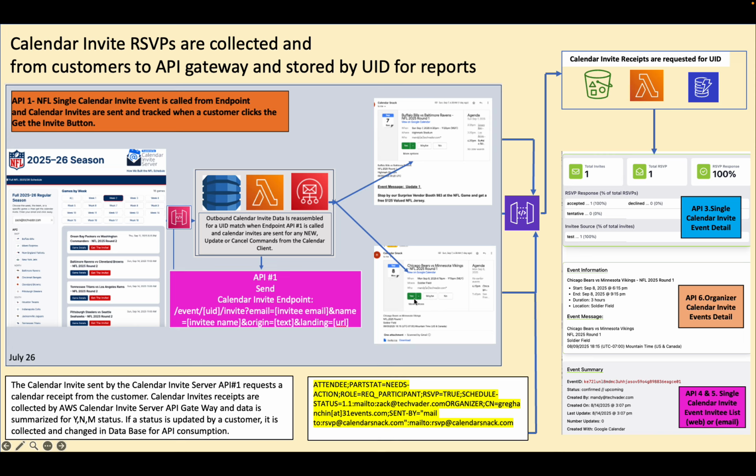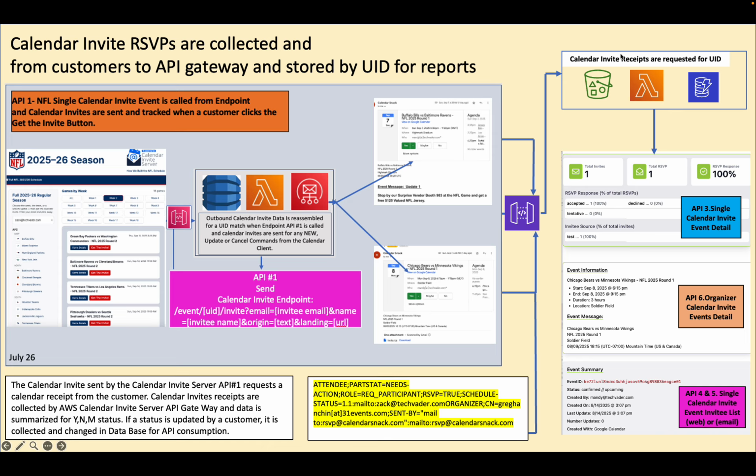From a data collection perspective, here's what's going on in the back. These calendar invites are engineered such that every individual calendar invite sent off these landing pages, which are essentially a mirror of the calendar client itself, the personal or business calendar client in Google or Outlook. When you send them to the gateway itself, we process that data and stage it. But once it gets visualized in these landing pages and people click the button to get a calendar invite, we're actually collecting data from the individual calendar invites and sending it back to an API gateway.